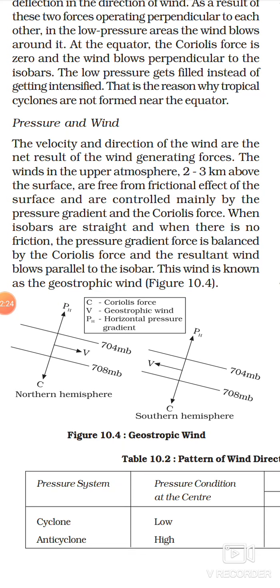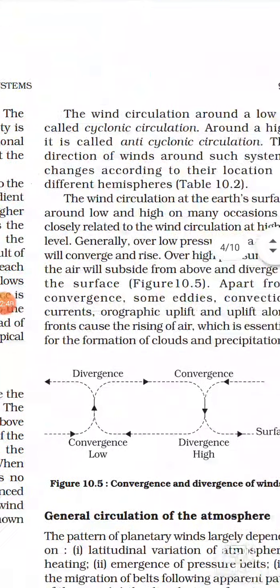That wind generated is called geostrophic wind. So the wind generated because of the counterbalancing of the Coriolis force and the pressure gradient force is a different kind of wind called geostrophic wind. This may also lead to the variation in the velocity of wind on the surface of earth.